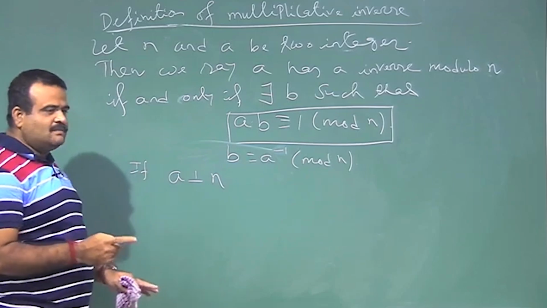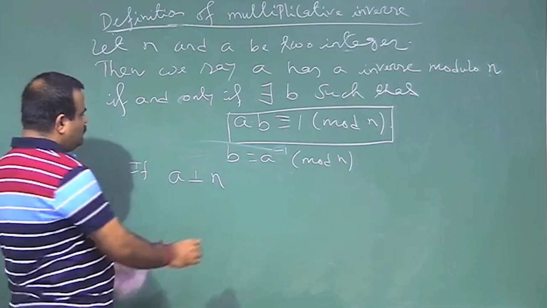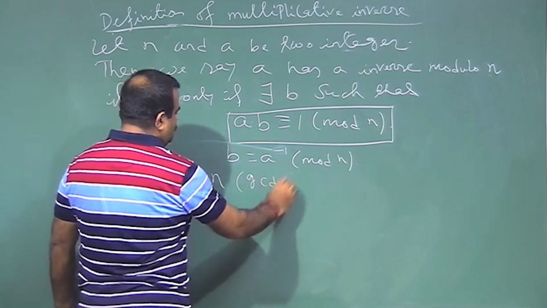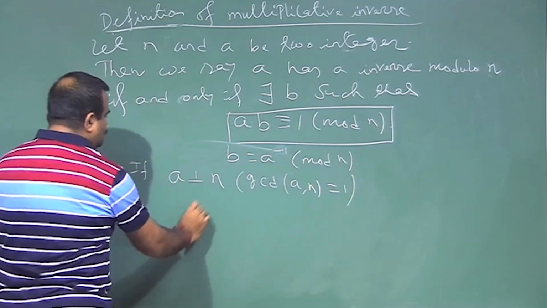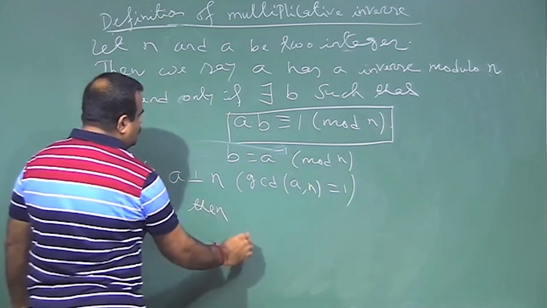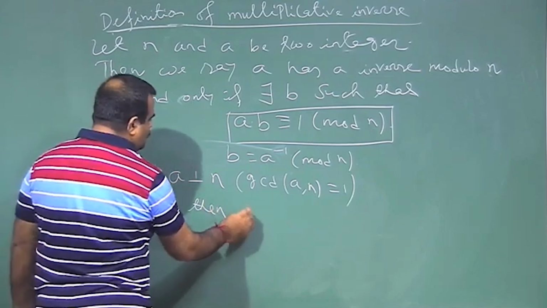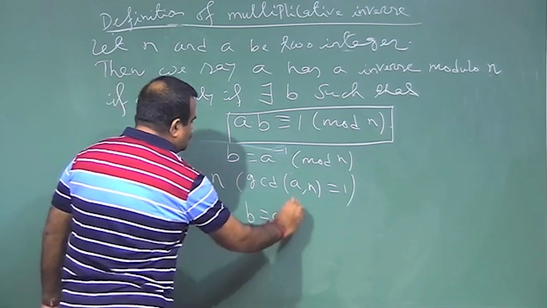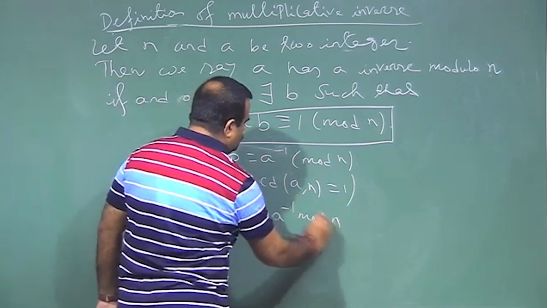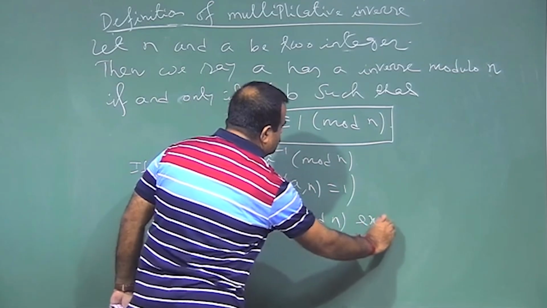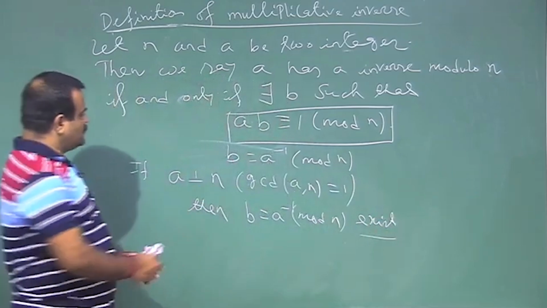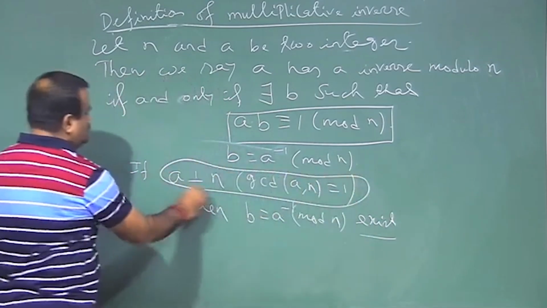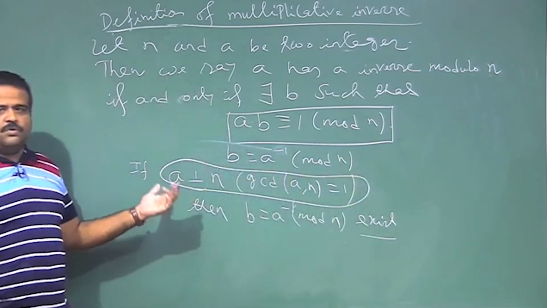If there exists an inverse, then A will be co-prime with n. If the GCD of A comma n is 1, then we have a B, otherwise it does not exist. So, for the existence of the inverse, we need this condition: A must be co-prime with n.